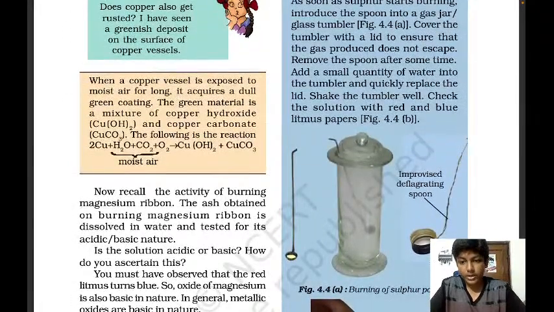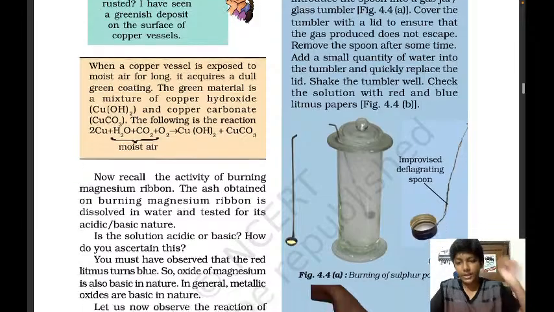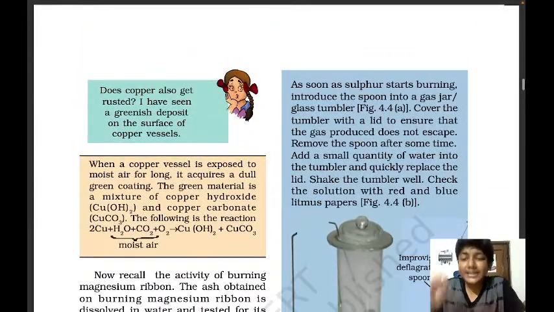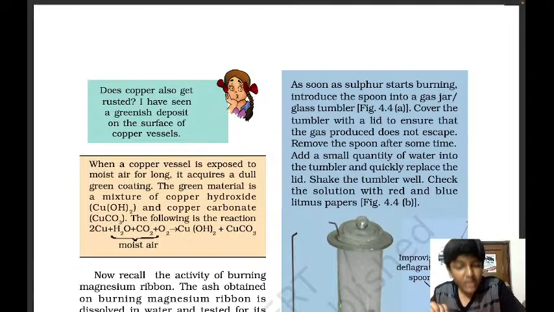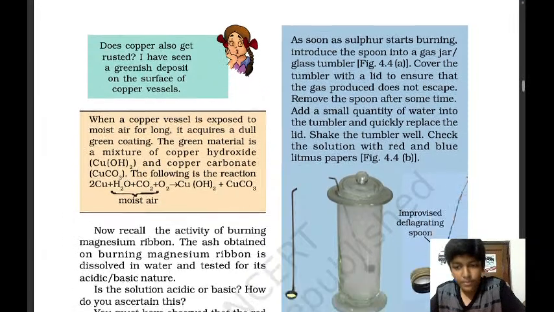As soon as sulfur starts burning, introduce the spoon into a gas jar or glass tumbler. Cover the tumbler with a lid to ensure that the gas produced does not escape. Remove the spoon after some time. Add a small quantity of water into the tumbler and quickly replace the lid. Shake the tumbler well. Check the solution with red and blue litmus paper.